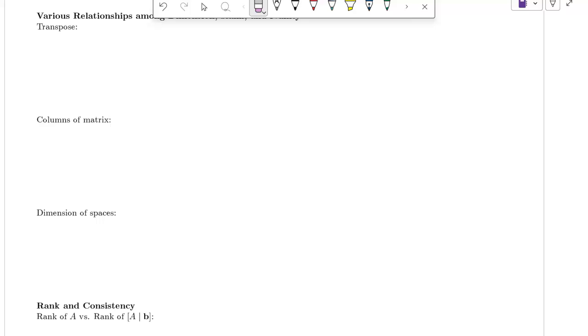We also talked about rank. What was rank again? The number of pivots in reduced row echelon form. Yeah. So rank is the number of pivots that you get when you row reduce your matrix, right? It gives you the dimension of what? The column space and the row space, right? So remember we talked about how we find the basis for the column space and the basis for the row space.